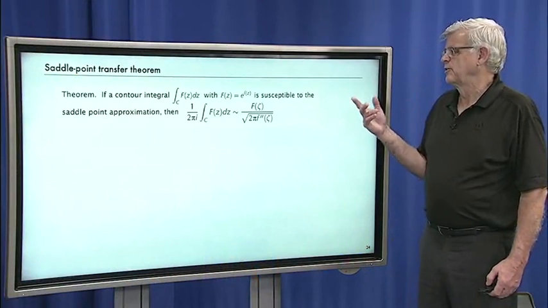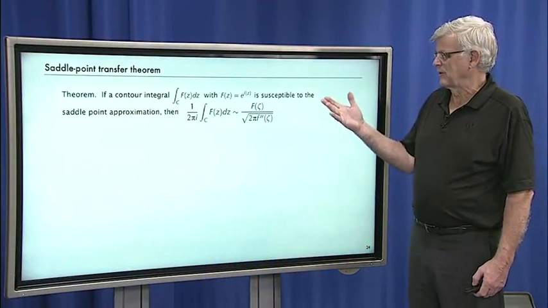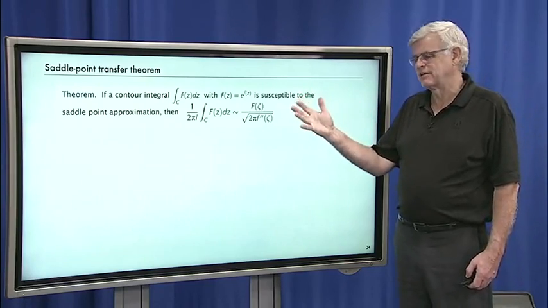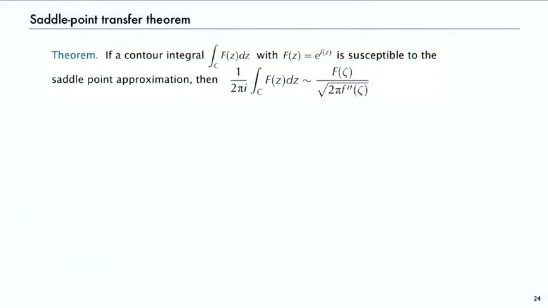So what this is going to lead to is the so-called saddle point transfer theorem. And all it says is, if you have a contour integral, and we write the integrand as e to the little f of z, just to simplify the calculations a little bit, with no singularities, there's no problem with doing that.